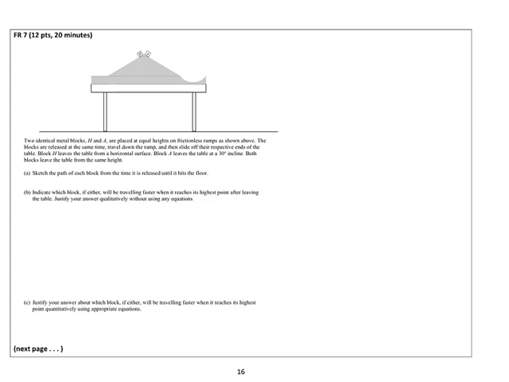So block B slides down, obviously, and then it will fall like a projectile, where the path gets steeper and steeper.